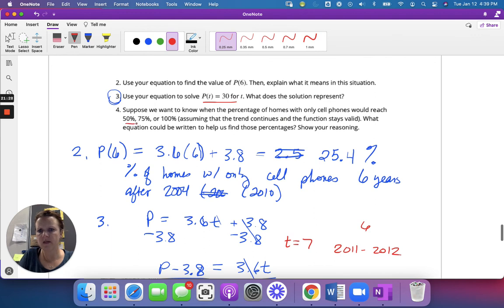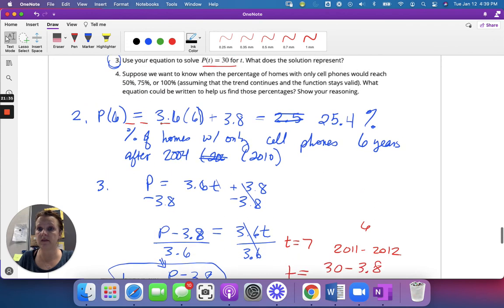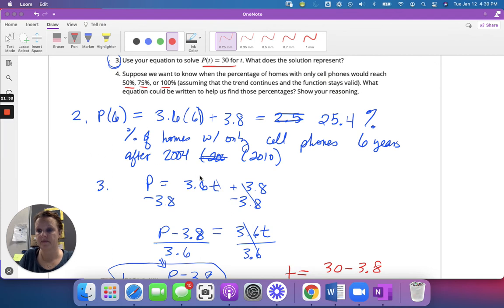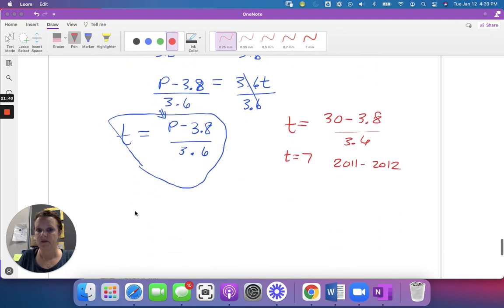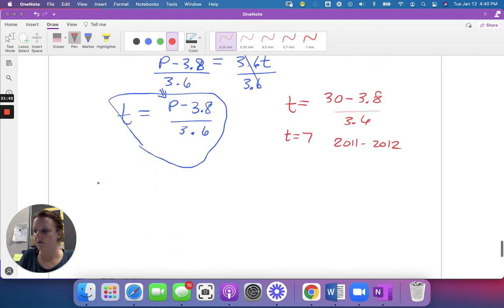And then we could actually use this equation to figure out what year each one of those landmarks, or when each one of those times hit. So that would be your answer to number 4. I solved the inverse, and we could use that.